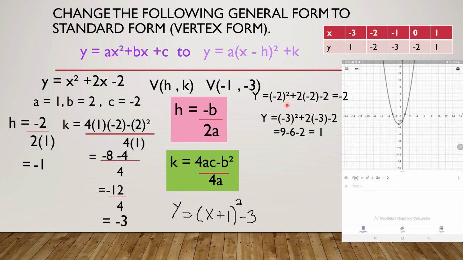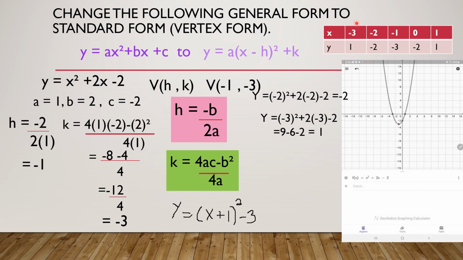Because this is positive 4 plus 2 times negative 2, and that is negative 4. So it becomes 0 minus 2. So if x is negative 2, the value of y is negative 2.